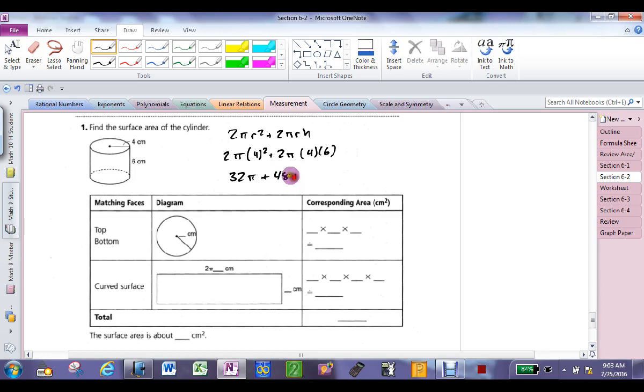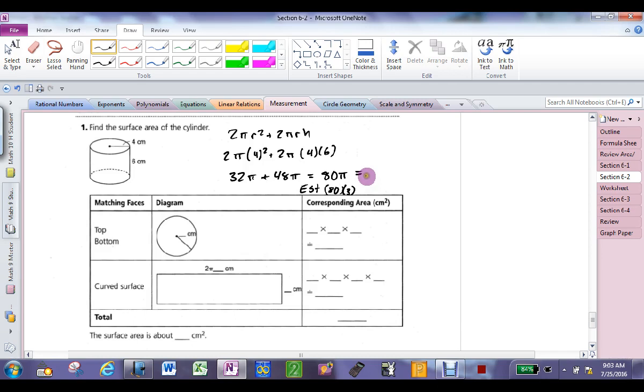48. 48 pi. What's 32 pies and 48 pies? A lot of pies. 80 pi. What's my estimate? 80 times 3, right? 240. So then you would do your answer. I estimate 80 times 3. I do my answer.